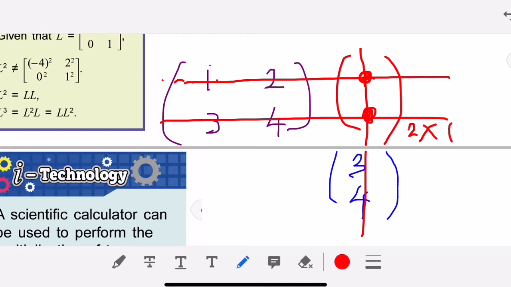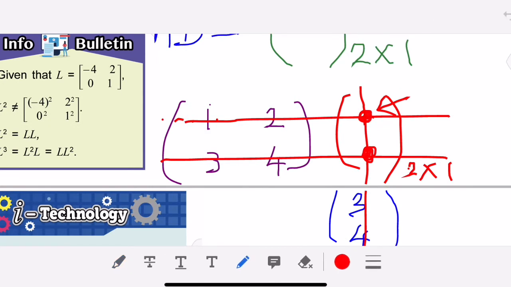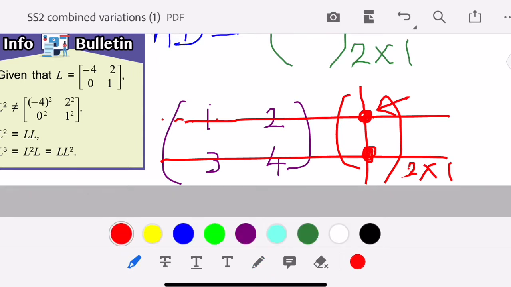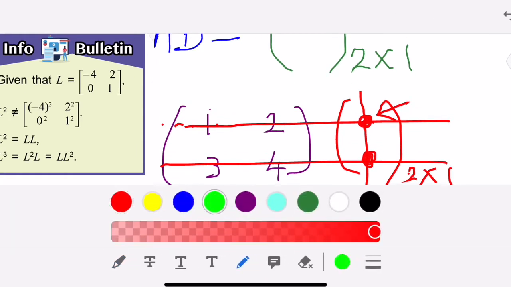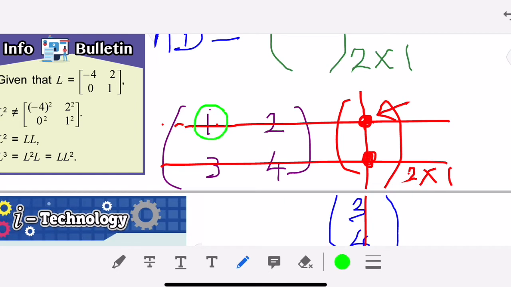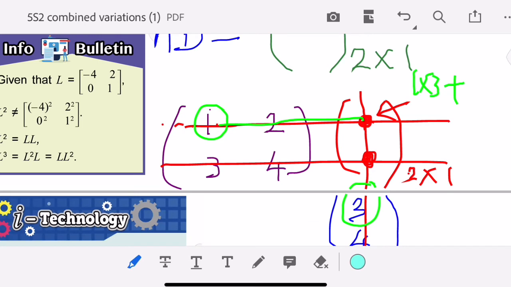So what you get as the answer after you multiply is like this. Take the 1, follow the line, and multiply it with the 3: 1 times 3, plus, followed by the 2.